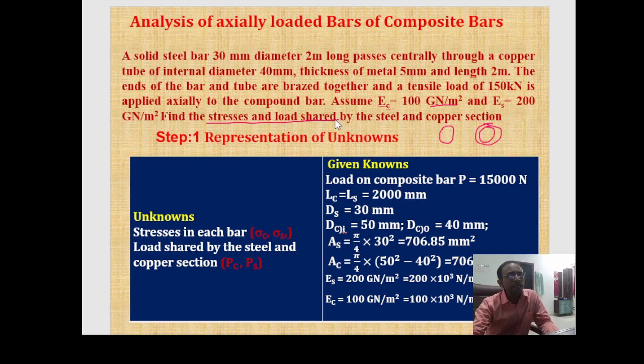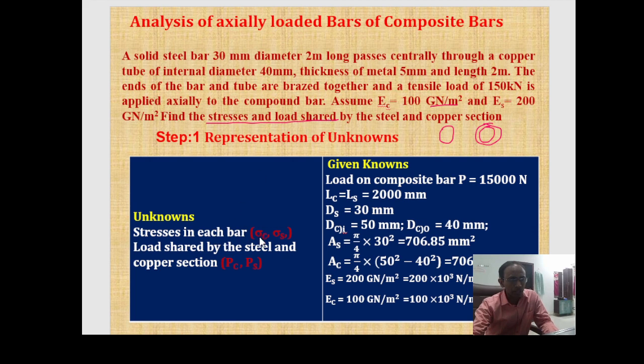Right? So we will try to solve this particular question in just 2 steps or a maximum of 3. Let's make things systematic. First of all, let us identify what has to be found out. The stresses in the bars are required, and the load shared by the steel and copper is also required.